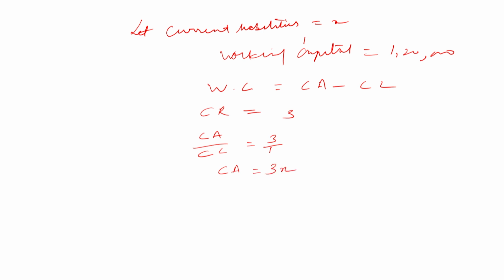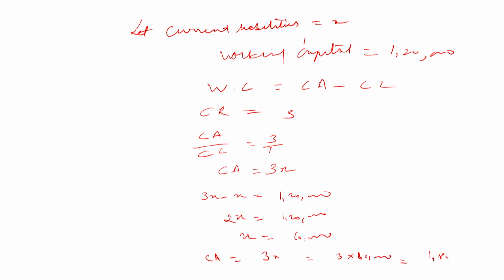Now putting the figures into the working capital, we get 3X minus X equal to 1,20,000, which comes to 2X equal to 1,20,000, and the value of X would be 60,000. So, in this question, our current liabilities would be 60,000 and current assets will be 3 times the liabilities, that is 3 multiplied by 60,000, total is 1,80,000.